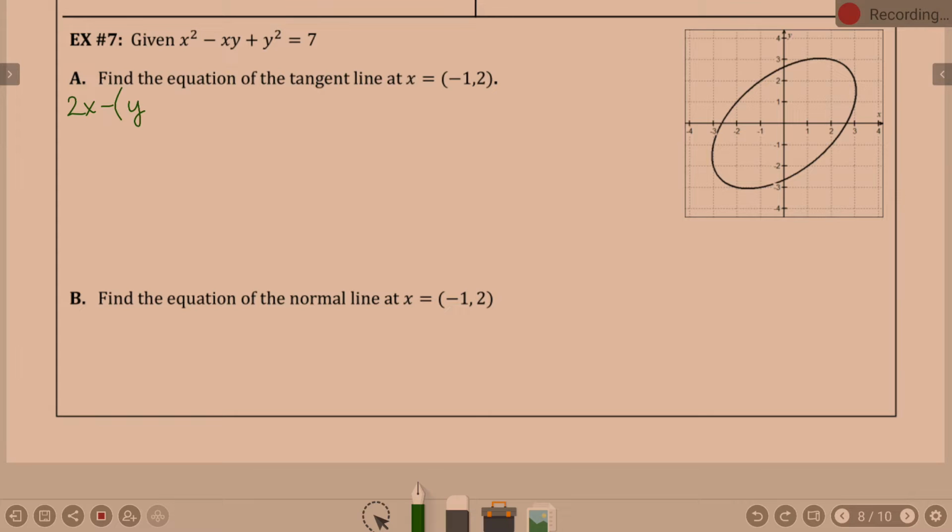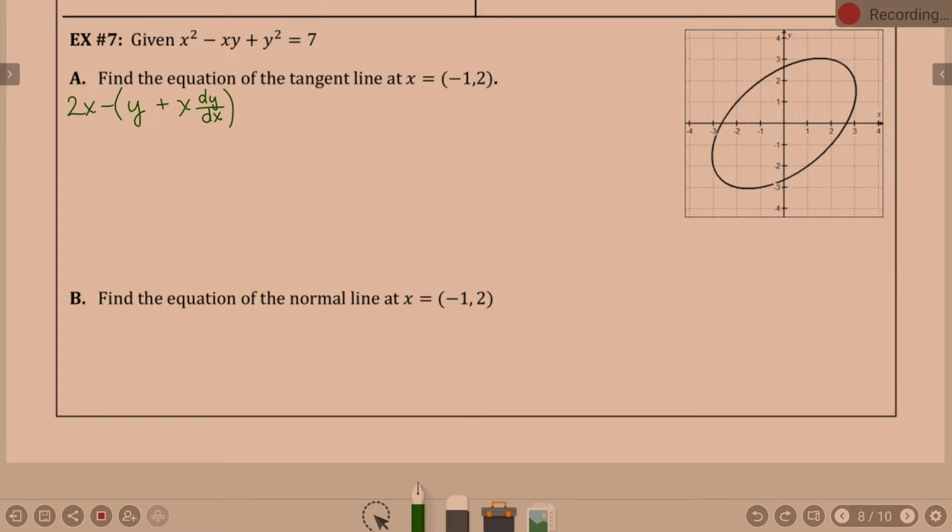Because I put parentheses here, I'm going to do my normal product rule and say plus, now we keep the x, derivative of y is 1 times dy/dx, and I'll end my parentheses. If you don't put the parentheses there, the other option is just to subtract both terms because there's subtraction in front of the xy.